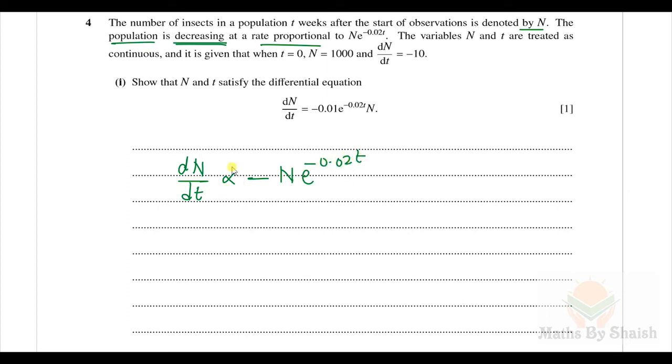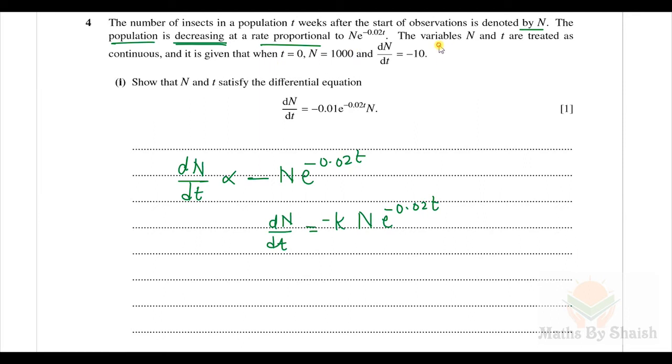If we want to remove this proportionality sign, we'll apply equal to and a constant. So we get dn over dt is equal to minus k n e raised to the power minus 0.02 t. Now we'll apply the first condition.